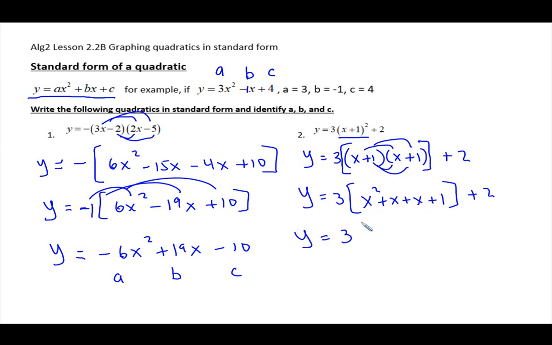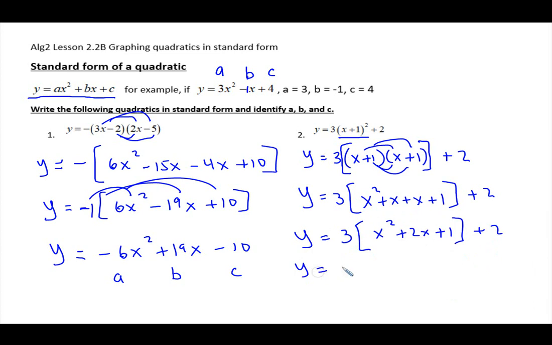And then we're going to simplify everything on the inside. We get plus 2x plus 1 plus 2. So now we're going to distribute the 3, and then we're going to add the 2 at the very end. So the next step, I'm going to distribute the 3.